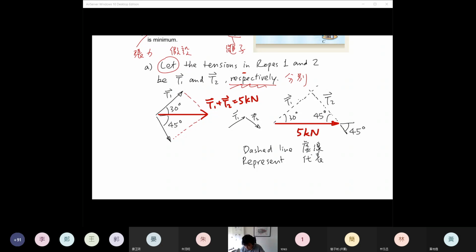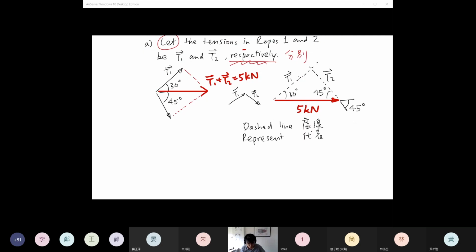So if we do it, we know this is a triangle. We have the length of one side known, and we have two angles, so we can use any of the laws you have learned at high school. I choose the law of sines.